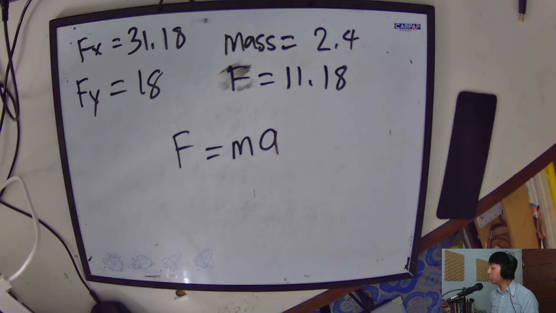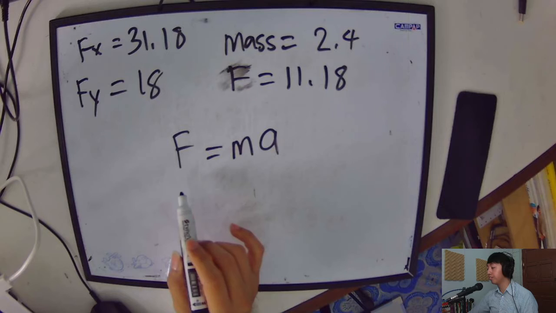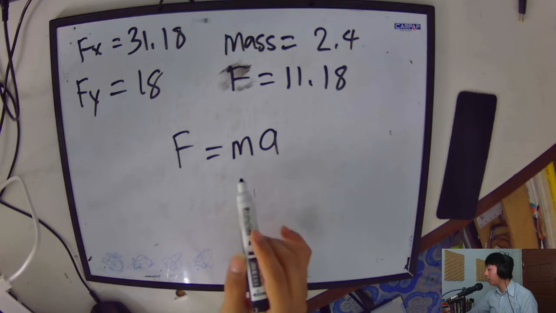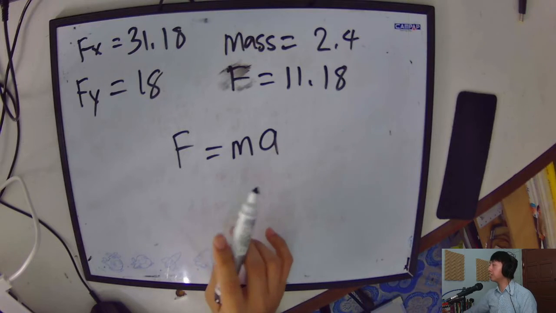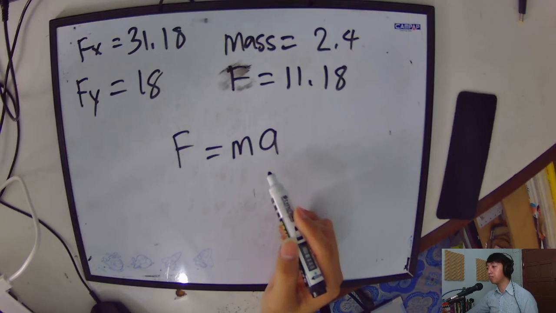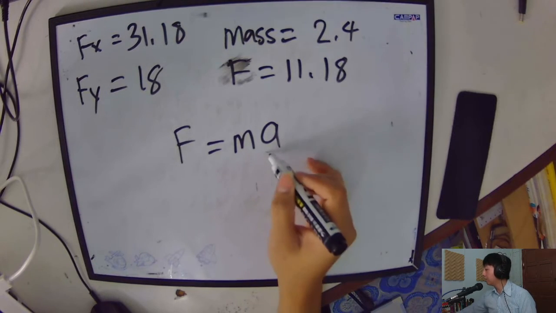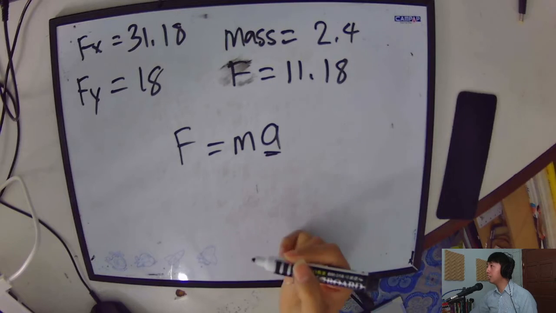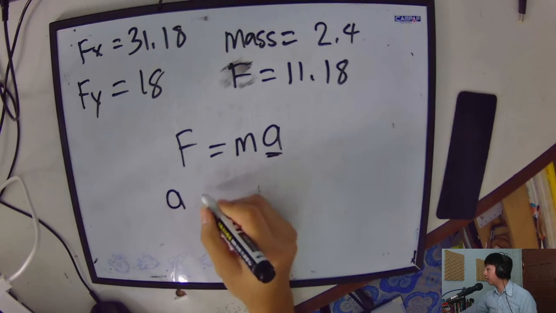Now, what I usually do is I write down the formula first, just so that I can see clearly what information I need. Then I rearrange the formula to find whatever I need. For example, the question is asking for acceleration, so I just need to rearrange the formula so that acceleration is the one that I end up with.